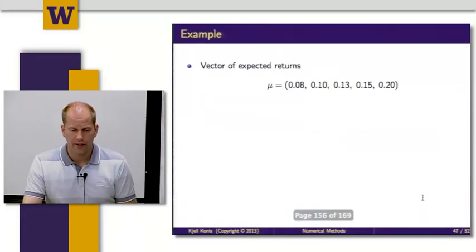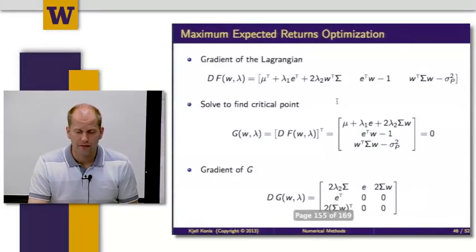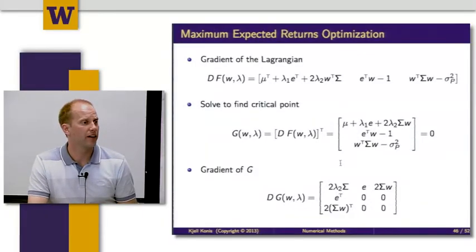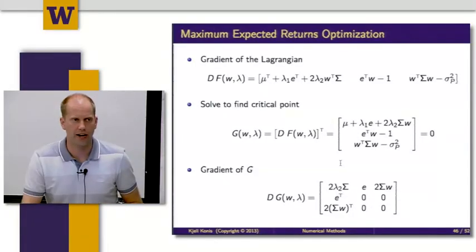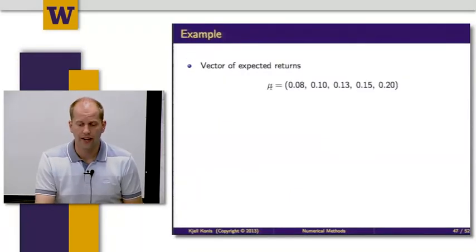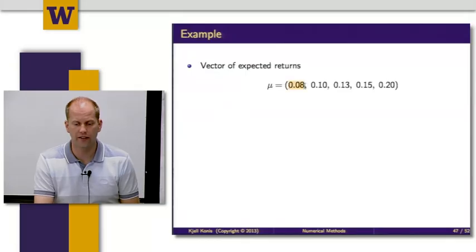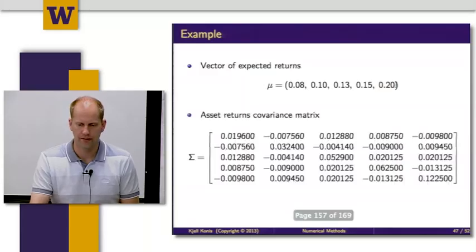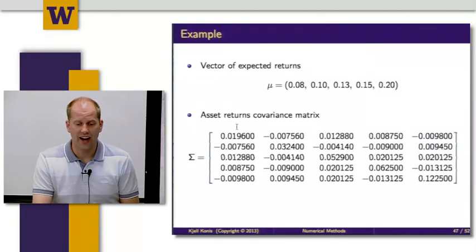So now I now have the pieces. I'm going to go through an example from the textbook now. So they used a 5-asset example with expected returns of 0.08 through 0.20, and the asset returns covariance matrix of this.